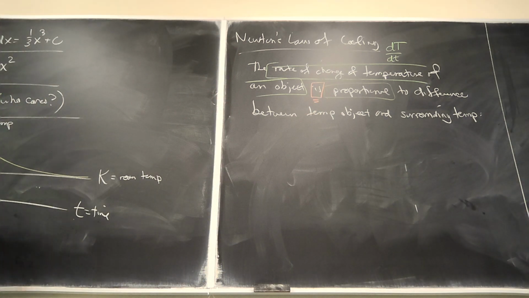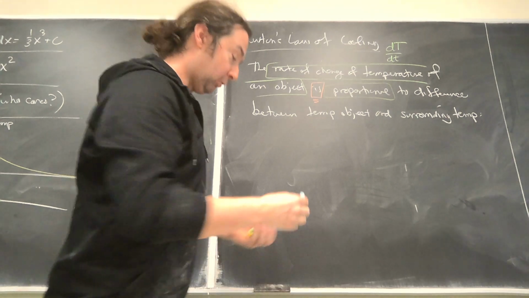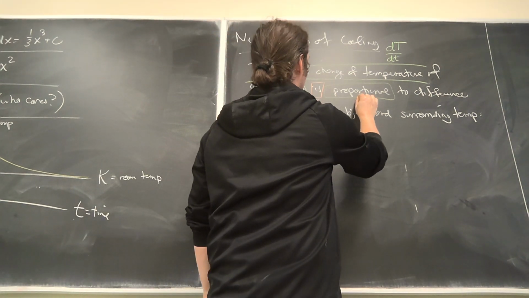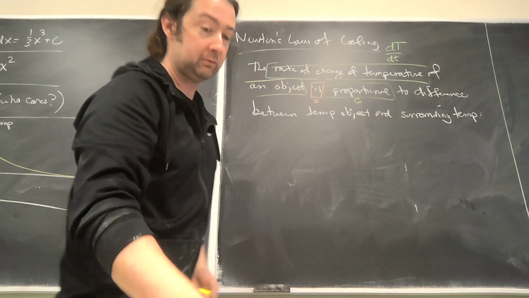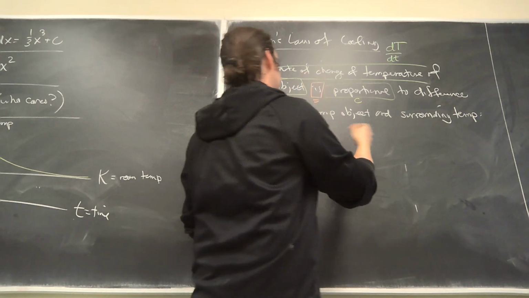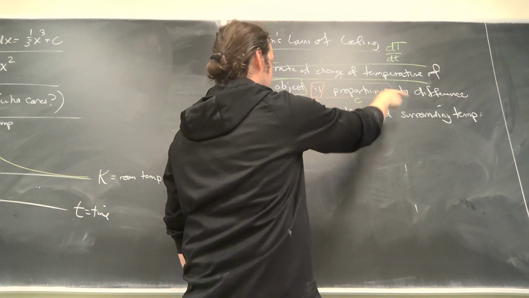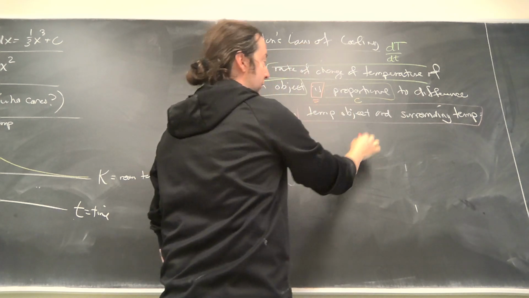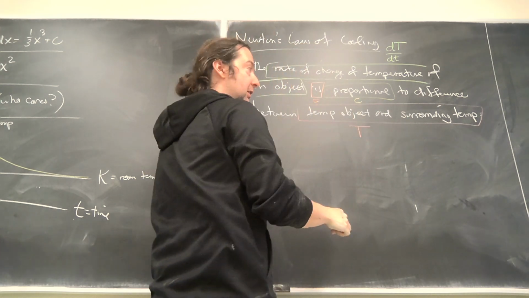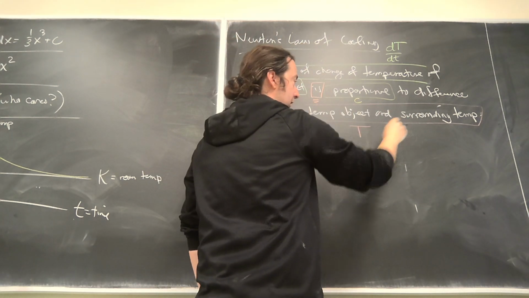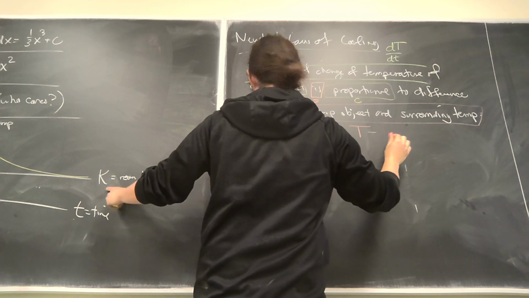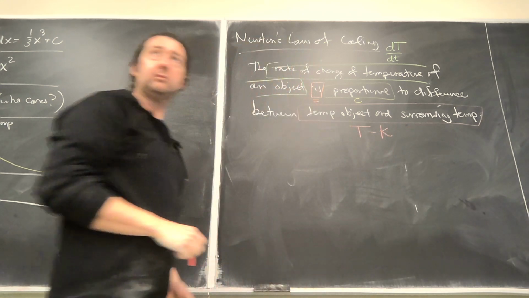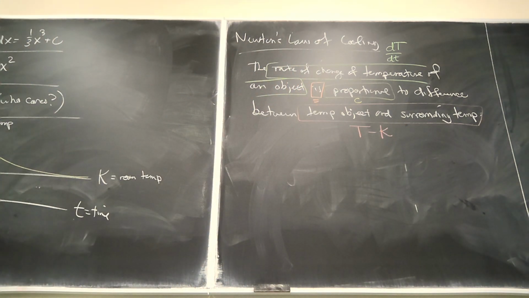And then proportional to the difference. Proportional is going to be a constant of proportionality, which I will call little c, times the difference between the temperature of the object and the surrounding temperature. Well, the temperature of the object is capital T, and the surrounding temperature is the ambient temperature, which I called K. So all of the words in my physical observation correspond to terms of a mathematical equation.